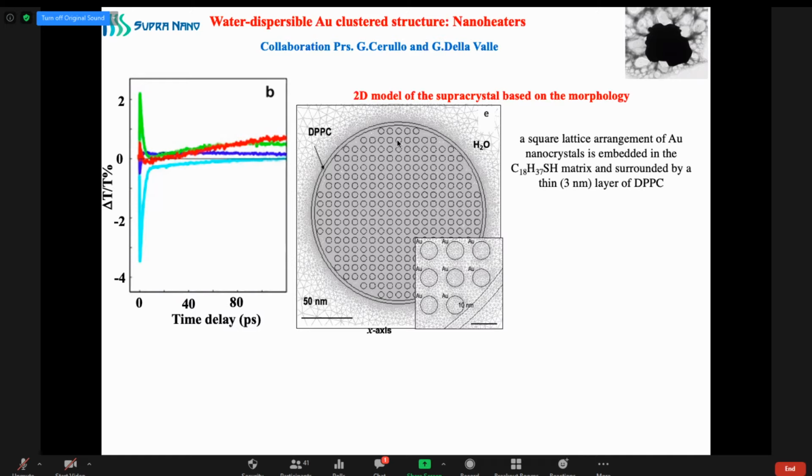And after 8 days, the amount is a little less, but we still have almost 3 times more ferrite particles inside the cells compared to using dispersed nanoparticles. That was published last August in Ozone Functional Material.